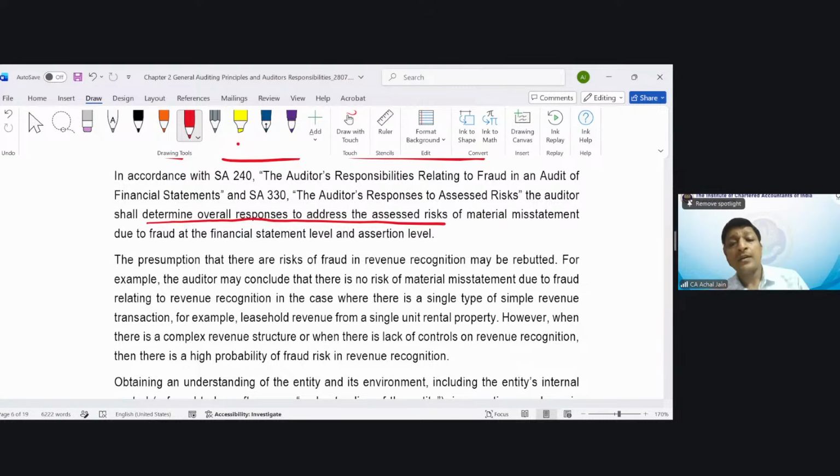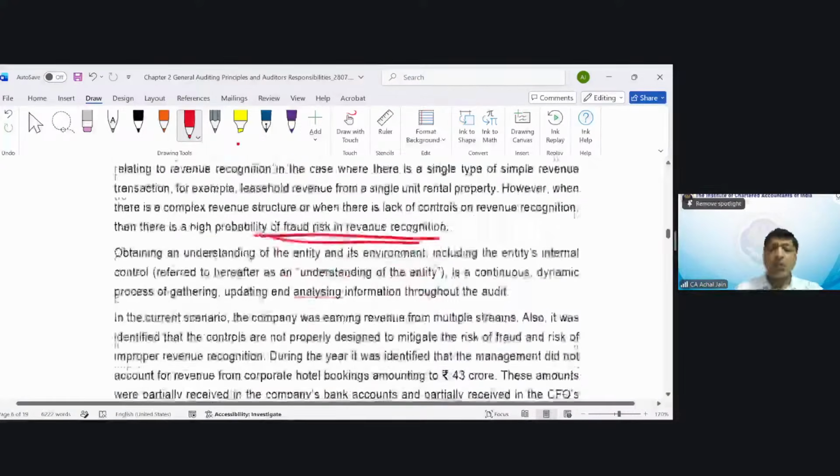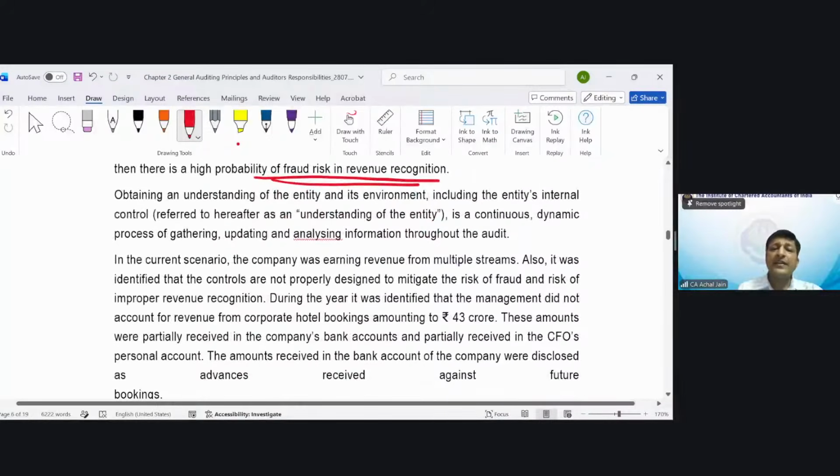However, when there is a complex revenue recognition structure, when there is a lack of control, then the probability of such fraud risk will only go up. Yes or no? It will only go up. Obtaining an understanding of the entity, its control is a continuous and dynamic process.